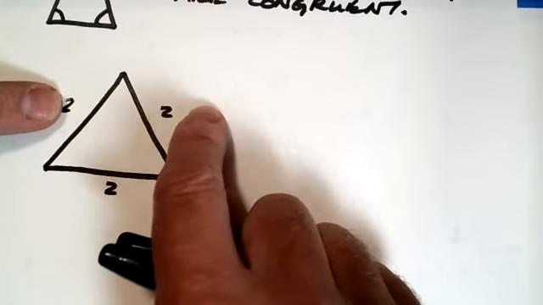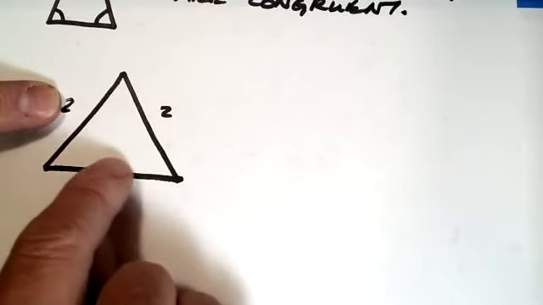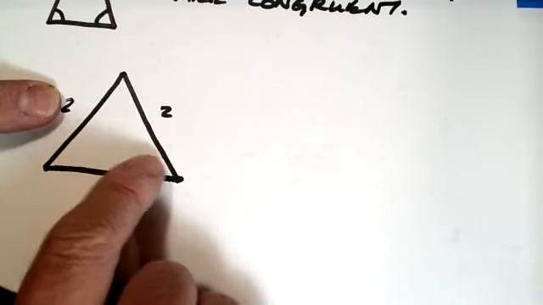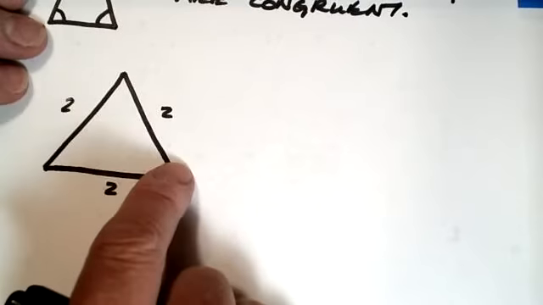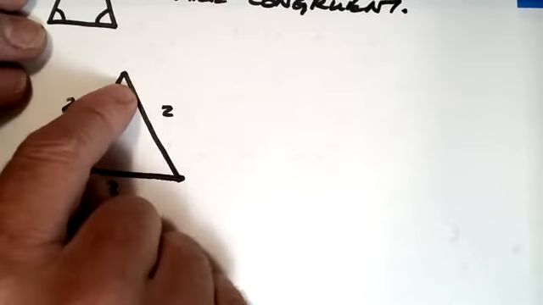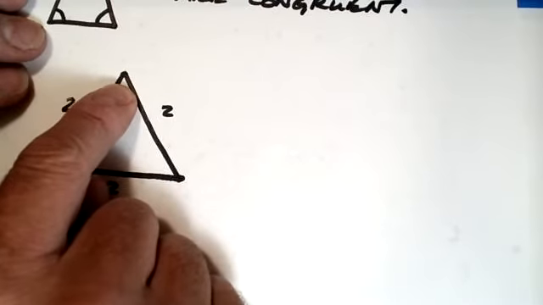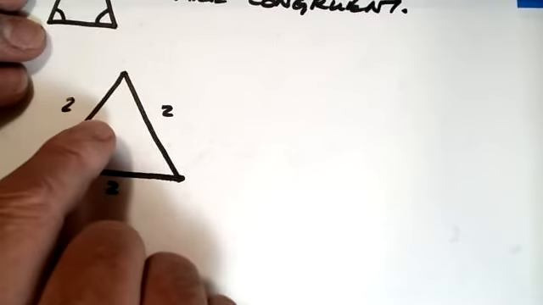Therefore, it is an isosceles triangle, and the base angles have to be equal, right? So the measure of this angle equals the measure of this angle. The measure of this angle also equals the measure of that angle. Equality is transitive, so they're all equal to each other.